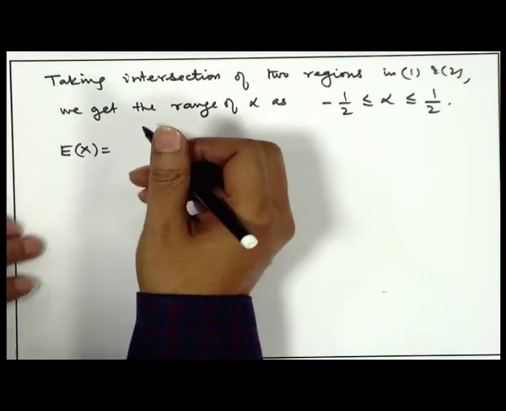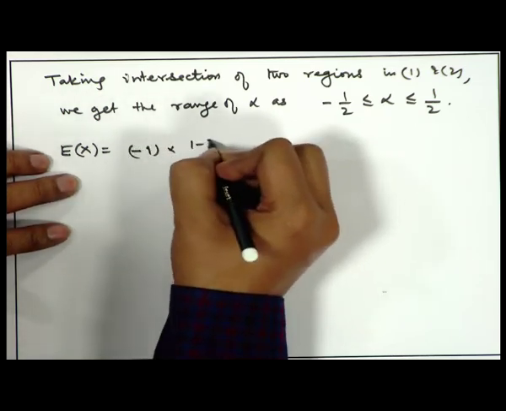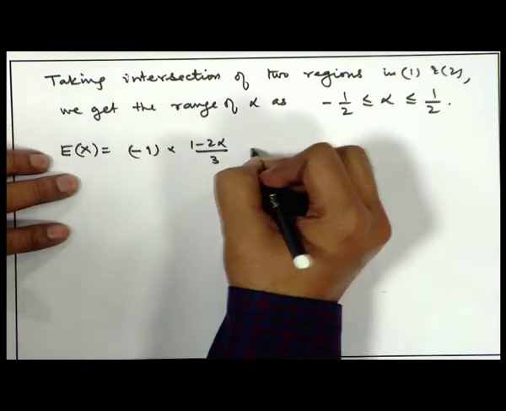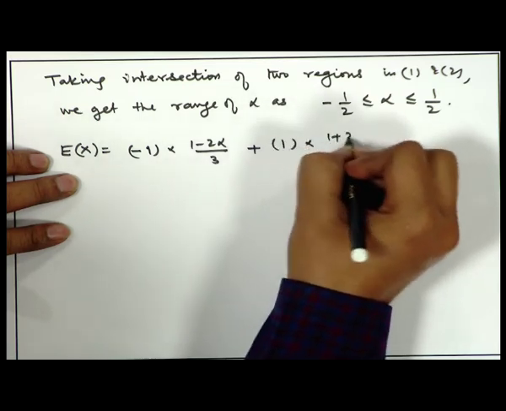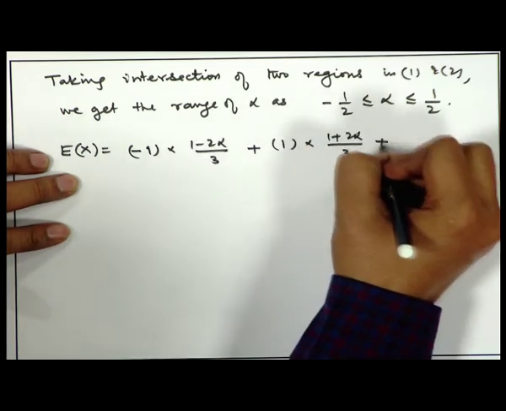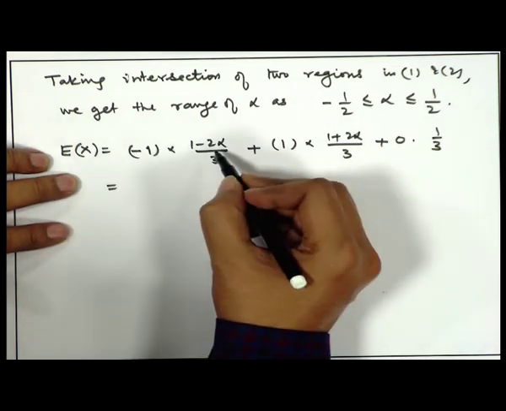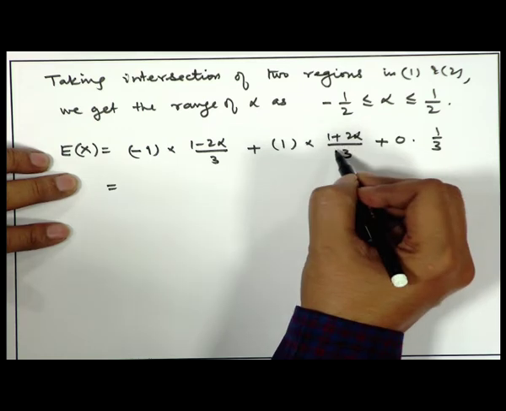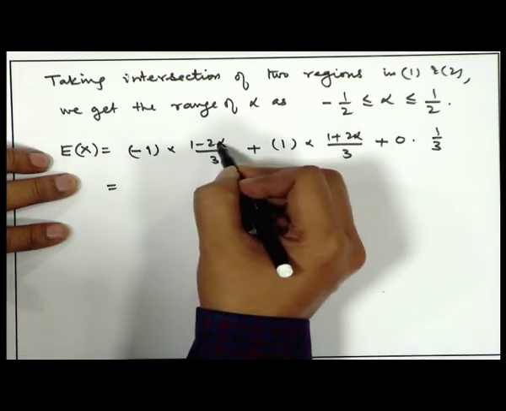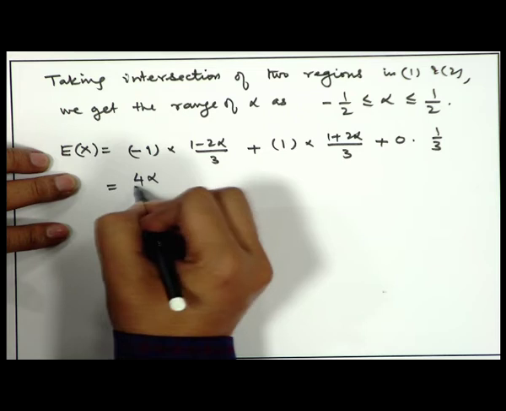So, expectation of x is -1 into 1 minus 2 alpha by 3 plus 1 into 1 plus 2 alpha by 3 plus 0 into 1 by 3. Here you can see it becomes simply -1 by 3 plus 1 by 3 cancels out. Here we get 2 alpha by 3 and here also you get 2 alpha by 3. So, it becomes 4 alpha by 3.